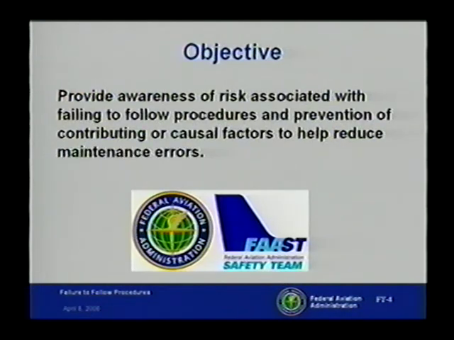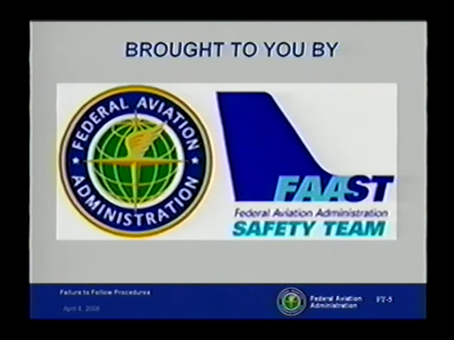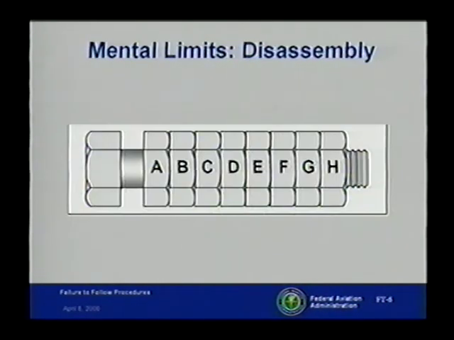Objective: to provide awareness of the risk associated with failure to follow procedures, prevention of contributing or causal factors to help reduce maintenance errors. And again, this is brought to you by the FAA safety team.